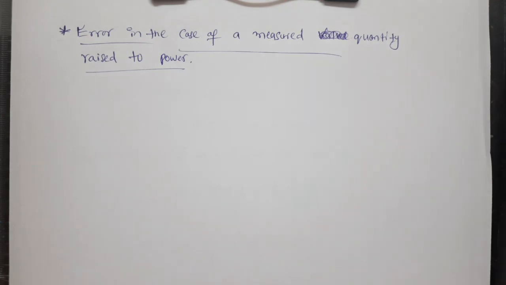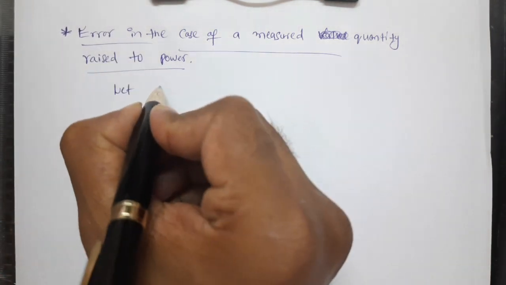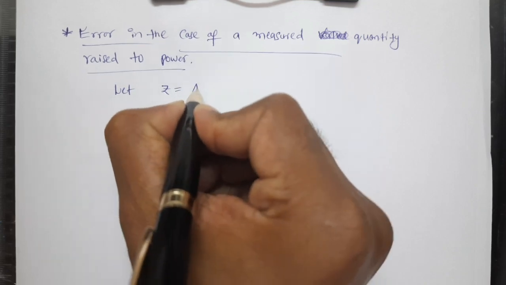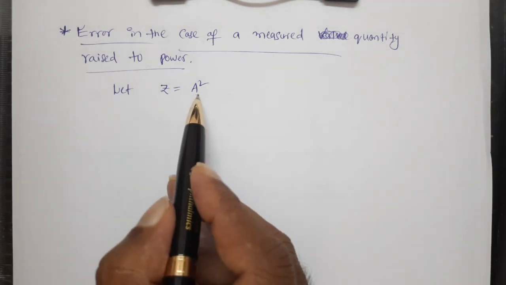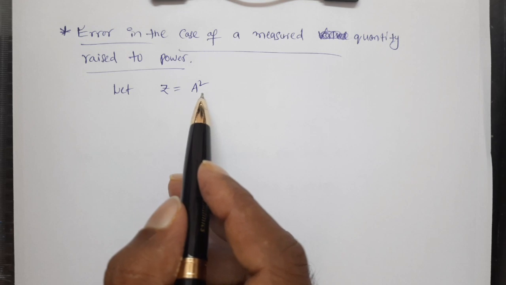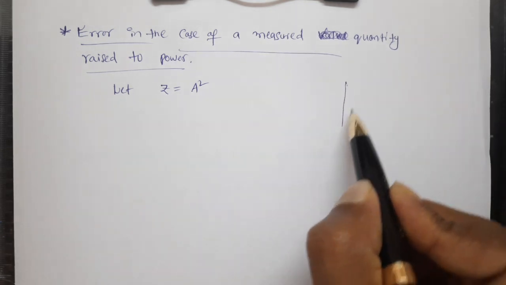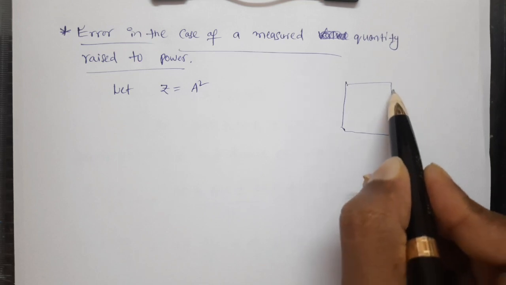Now let us see how we find error in the case of a measured quantity raised to a power. Let z is equal to a square. Suppose a is a measured value and we are getting z equal to a square. Consider a square where a is the length of each side.